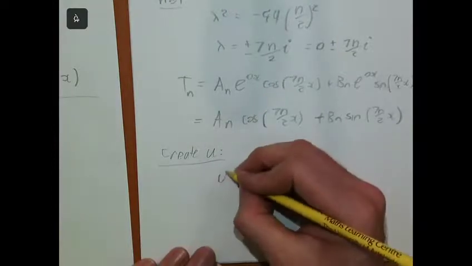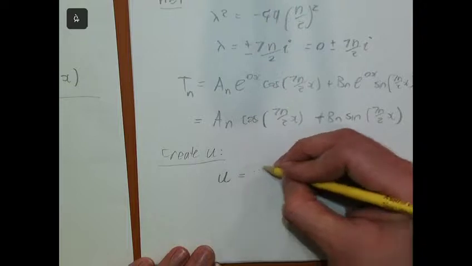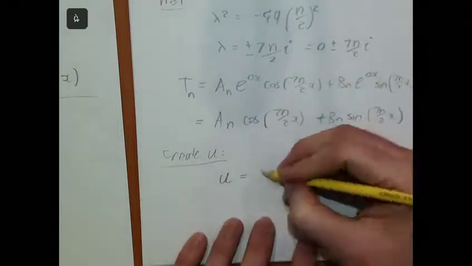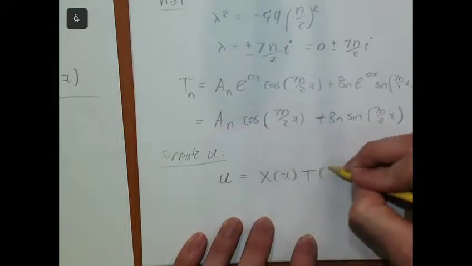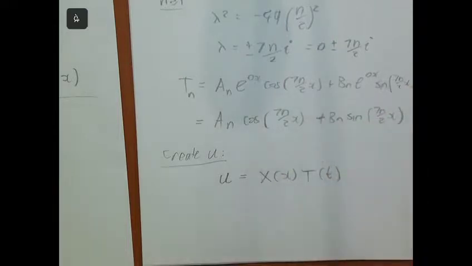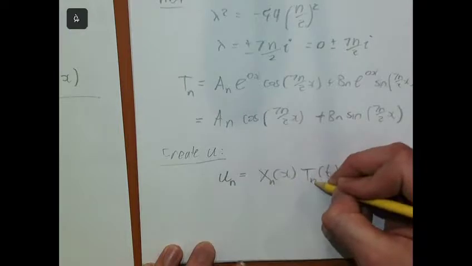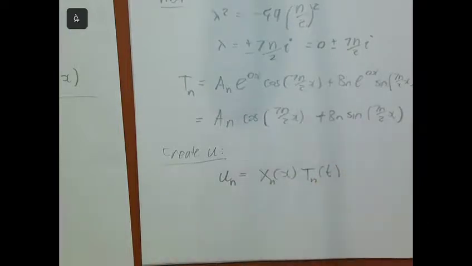So the u like that. And each value of n, I'll times the x that goes with that n, with the t that goes with that n. And that will give me a particular solution for un, well, a general solution, and I'll add them all up.